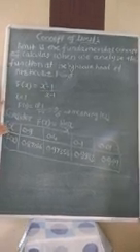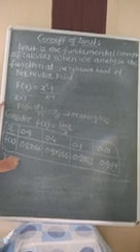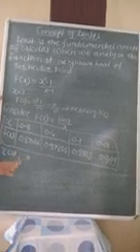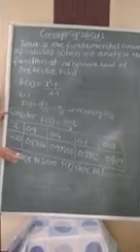So we observe from the table, when x is close to 0 and f of x is close to 1, we say that x tends to 0 and f of x tends to 1.